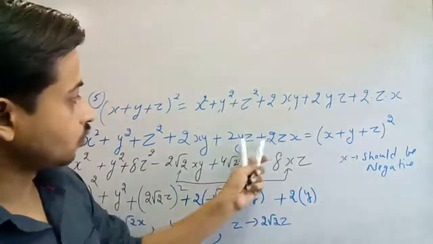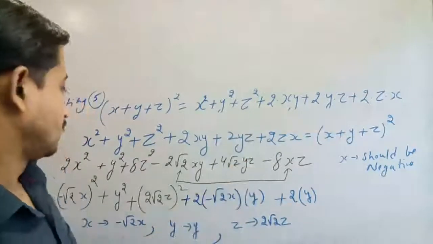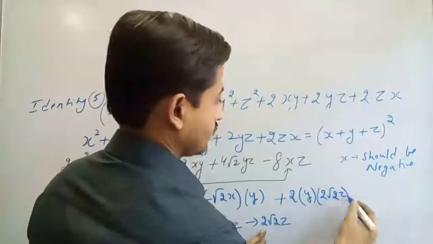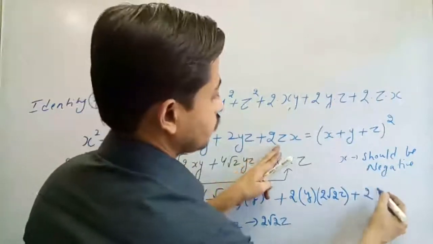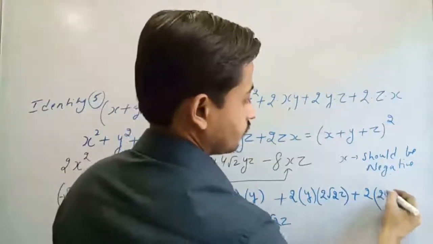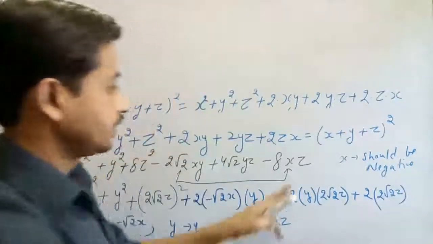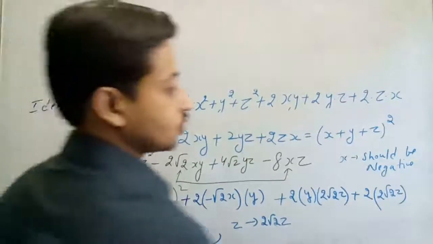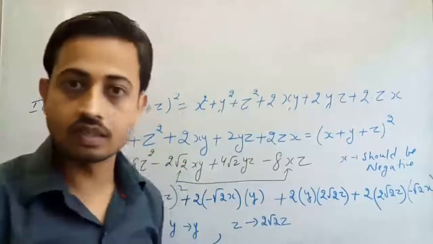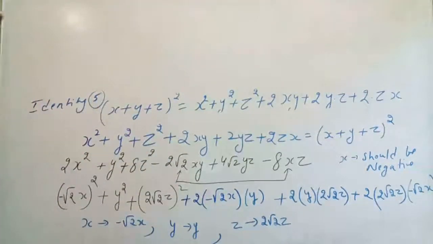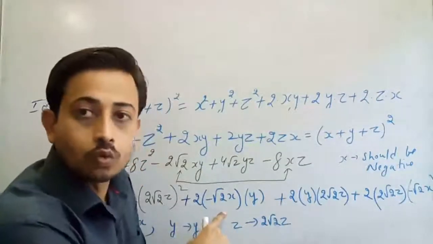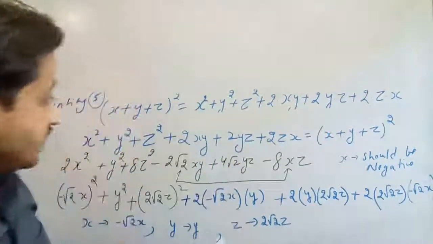Now I am writing 2 into y into z. z is 2 root 2 z, plus 2 into z. z is 2 root 2 z, into x. x is minus root 2x. Now please solve this. Look at the terms. 2 into root 2, we get minus 2 root 2 and check it.